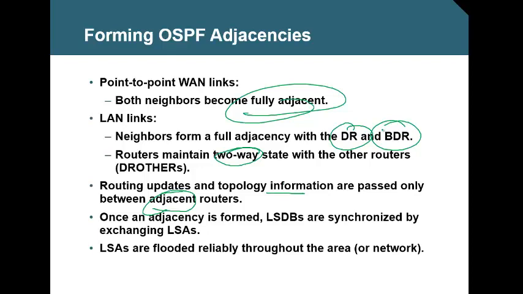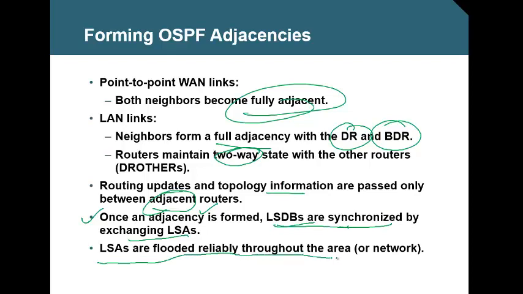So once an adjacency is formed, LSDBs are synchronized by exchanging LSAs. That's very important. Full adjacency is formed, then LSDB will be shared. If it is only two-way adjacency, no LSDBs are going to be shared. Detail is coming later. So LSAs are flooded reliably throughout the area.